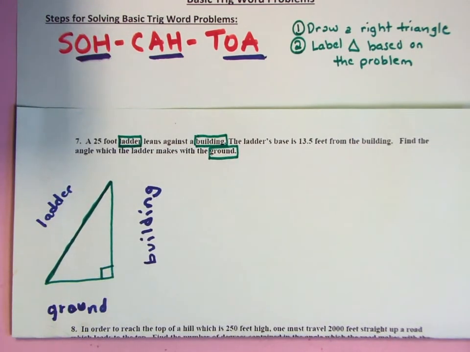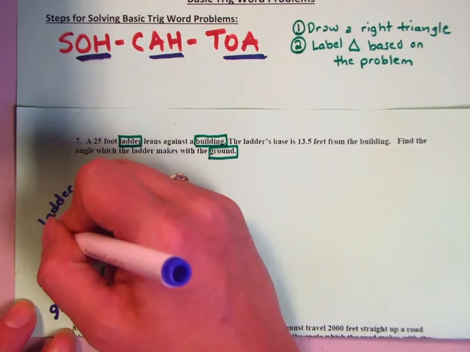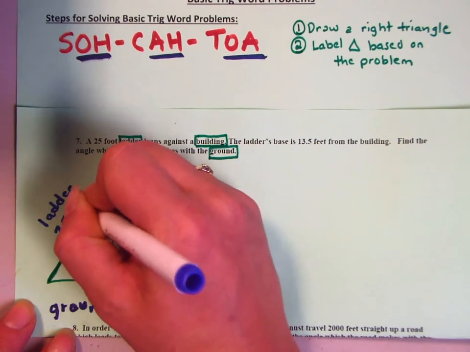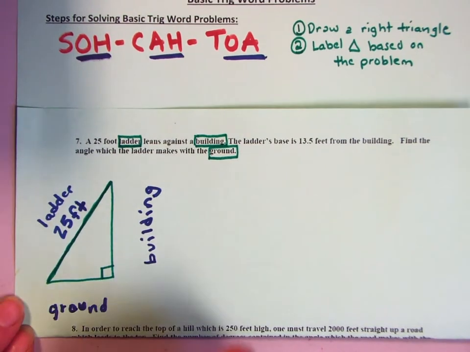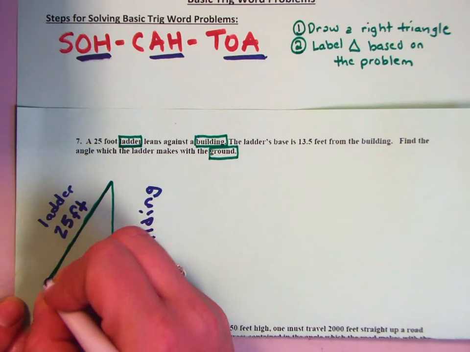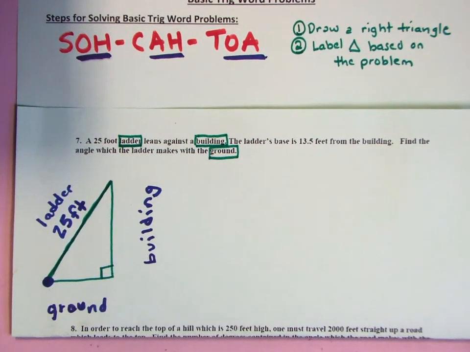Okay, let's keep labeling. It says we have a 25-foot ladder. So we need to label that we have 25 feet for the ladder. It leans against a building. The ladder's base is 13.5 feet from the building. So let's identify that in the picture. The base of the ladder is down here.